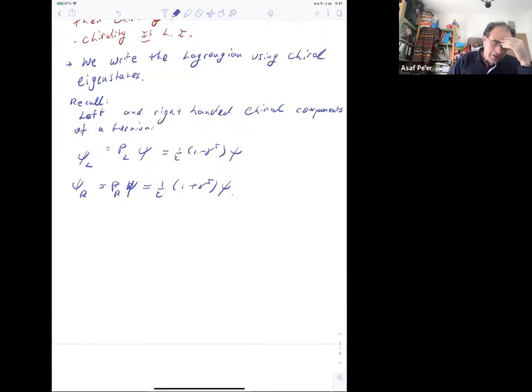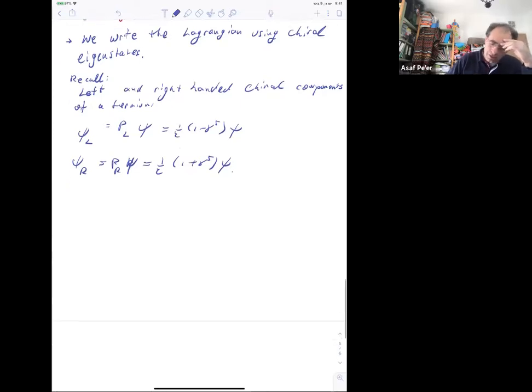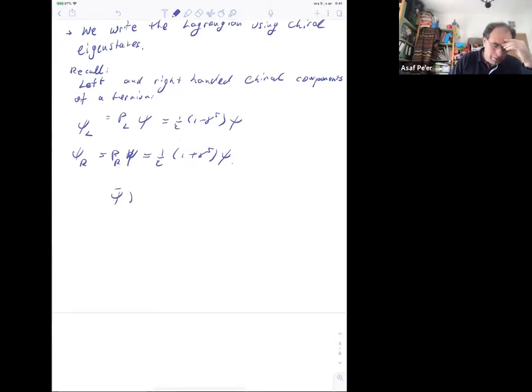That the two following quantities are vector and axial vector, which we discussed last time. So the quantity psi bar gamma mu psi is a vector. And psi bar gamma mu gamma 5 psi is an axial vector.